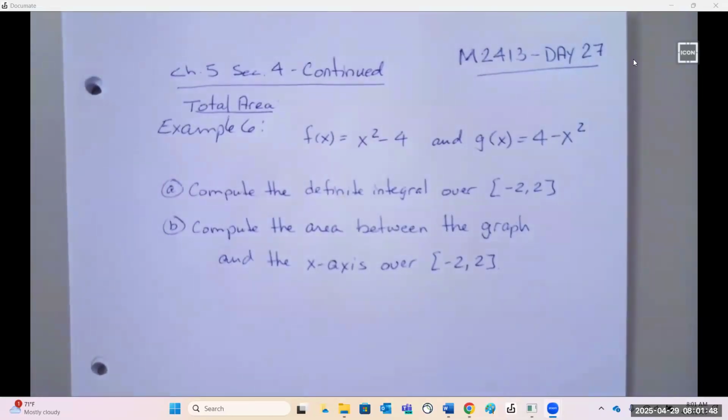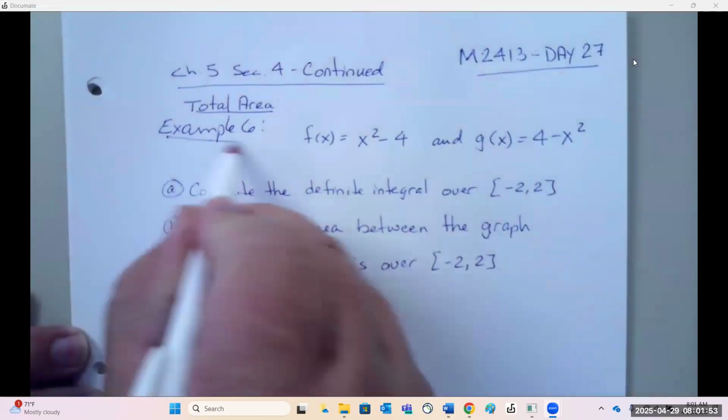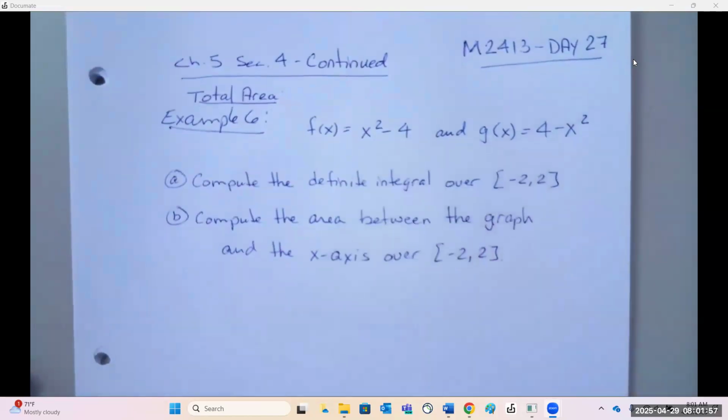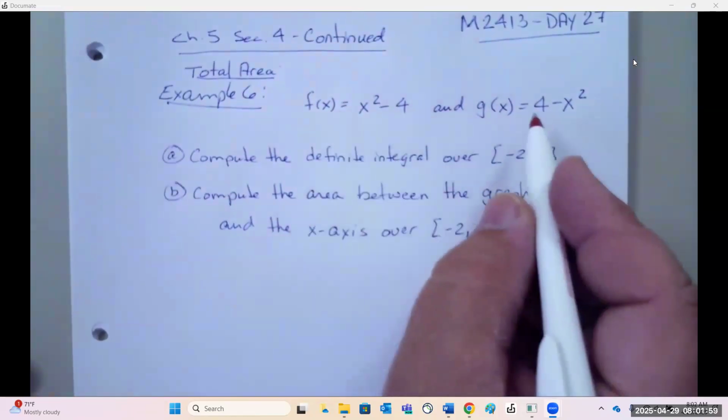Let's go ahead and restart where we ended last time on example 6, looking for the total area. We have two separate graphs, f of x and g of x.